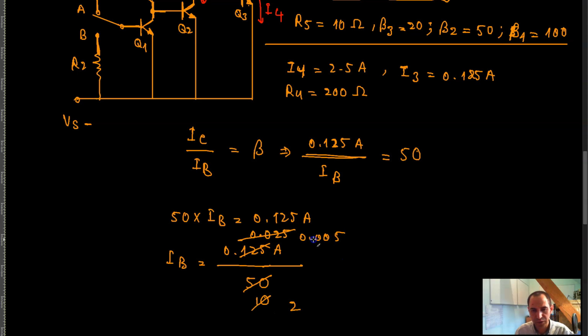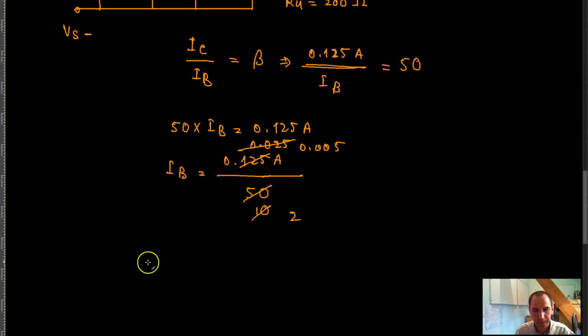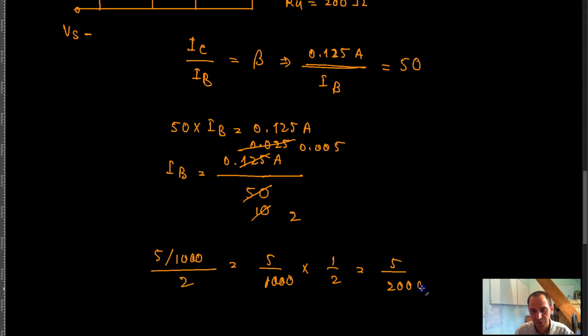That's 5,000 divided by 2, which is the same thing as 5,000 times 1/2, which is the same thing as 5/2000. 5/2000 is the same thing as divided by 5. So essentially 20 divided by 5 will get a 4.